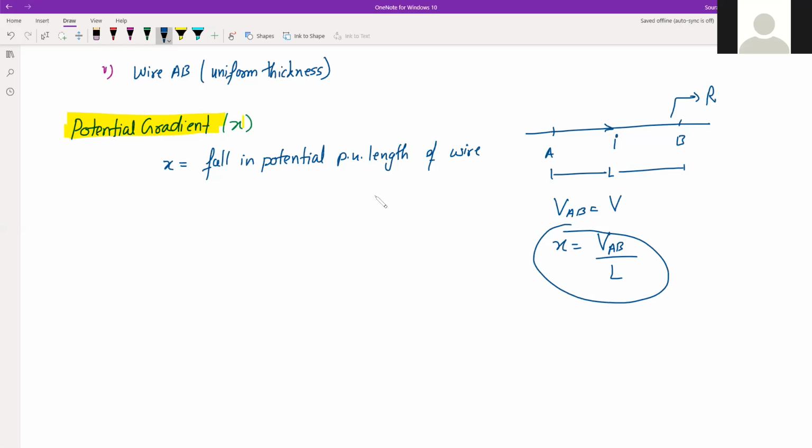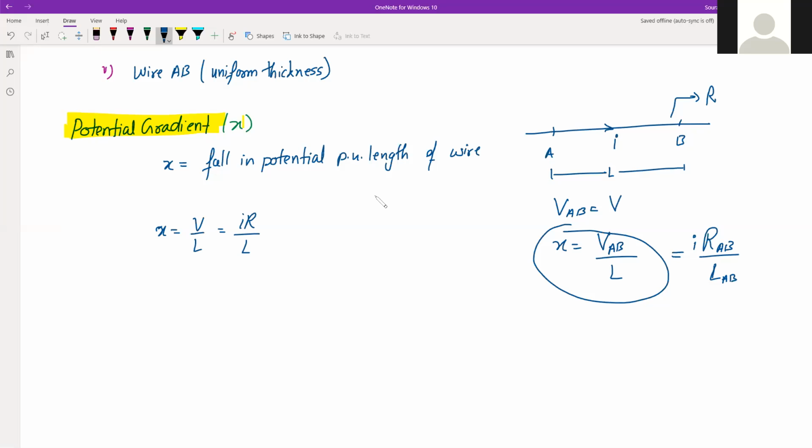So this is nothing but the resistance of the AB section divided by the length of that segment, or simply R by L. So this x is equal to V by L, or this is equal to I into R divided by L. Sorry, there will be I here as well. I into R divided by L. That is the potential gradient.